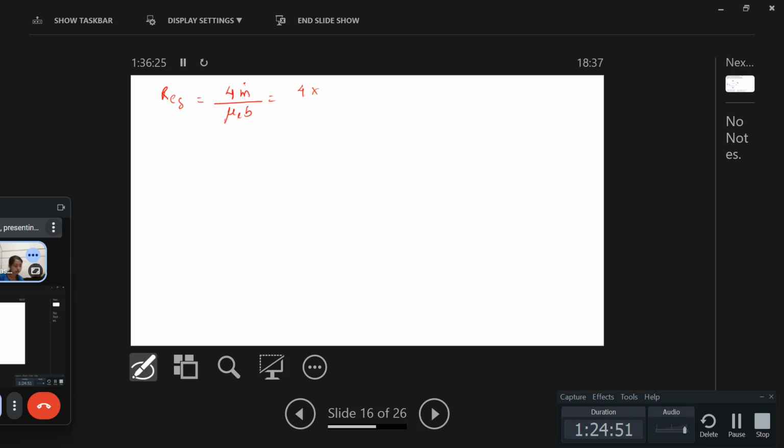So 25 divided by 3600 all divided by mu L. Mu L is 324 into 10 power minus 6 into B is 200 millimeters, so 0.2.